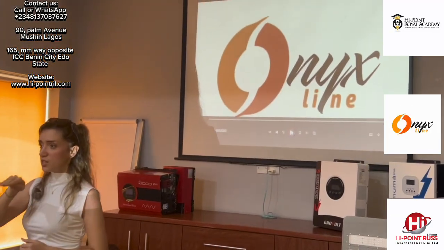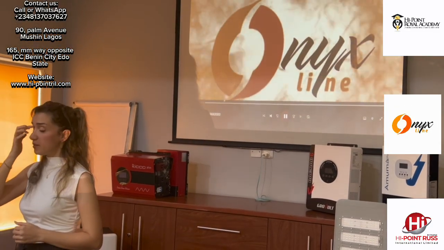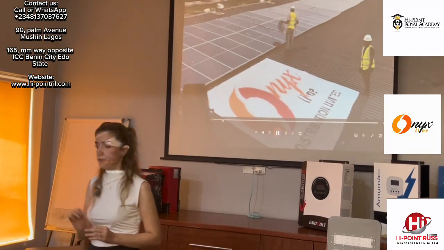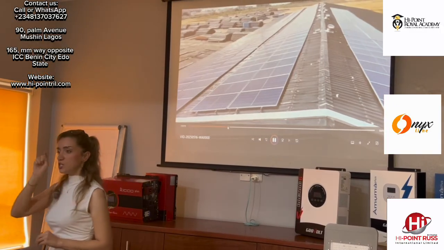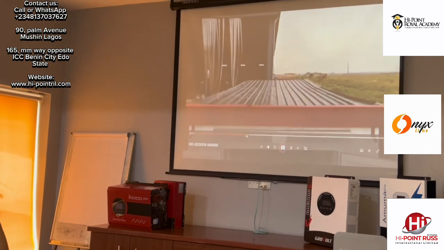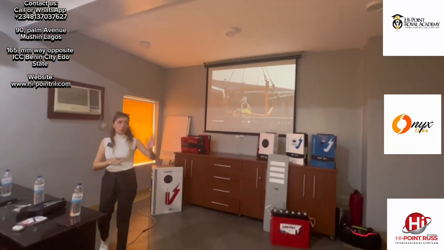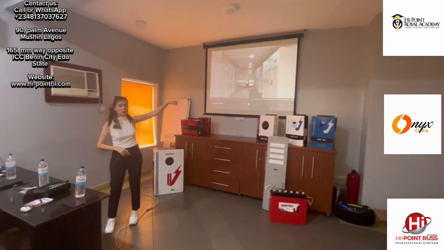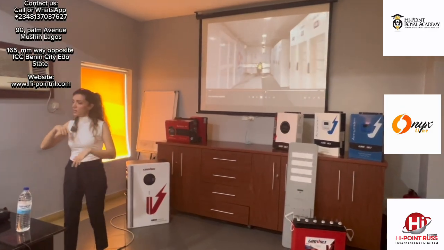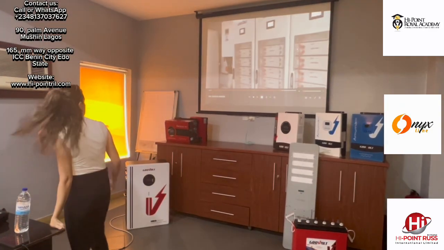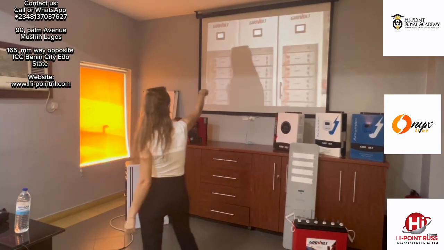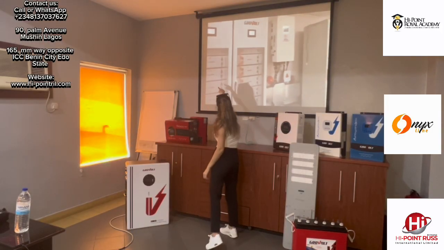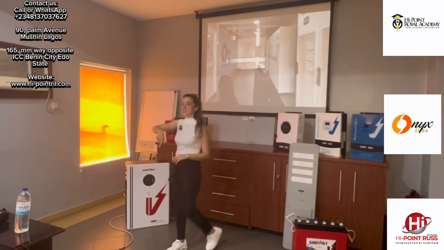Each battery is 5 kilo, 5 times 10, 50. Each battery voltage is 51.2. In high voltage battery, we connect this battery in series or in parallel inside the cabinet. We connected series or parallel?